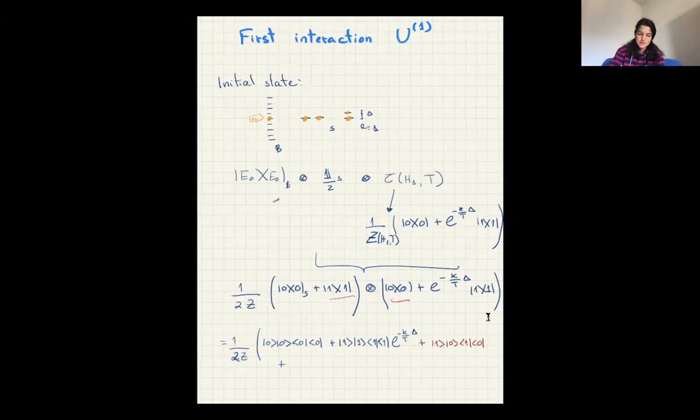This has an interesting coefficient: e to the minus K over T delta, 0, 1, 1, 0. Okay. Where here, I'll just write the subscripts in the relevant terms. So this is S and this is qubit 1. S and 1. S and 1. Right?